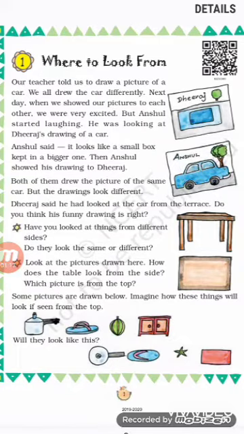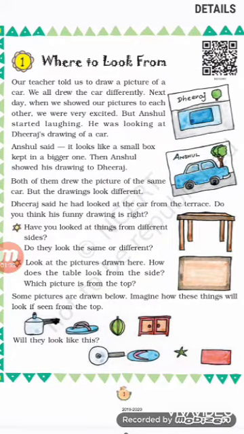Right? But Dheeraj has seen the car from the terrace, from the top side. He cannot see the wheels of the car or the windows of the car. He can only see the upper portion of the car. That's why he has drawn the car like that. And that is called the top view of the object.